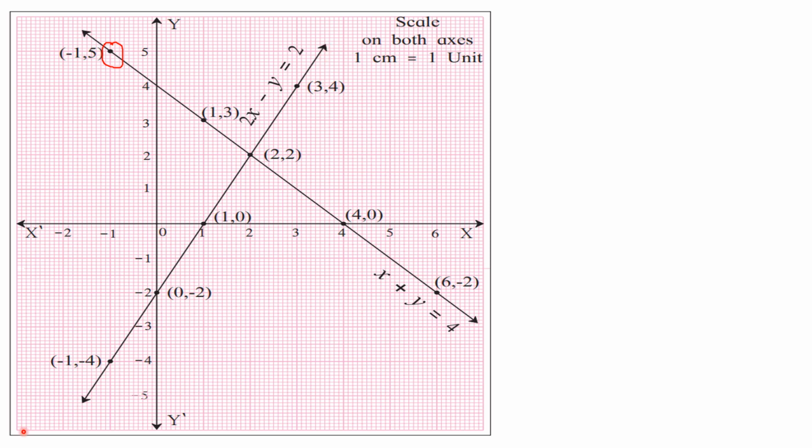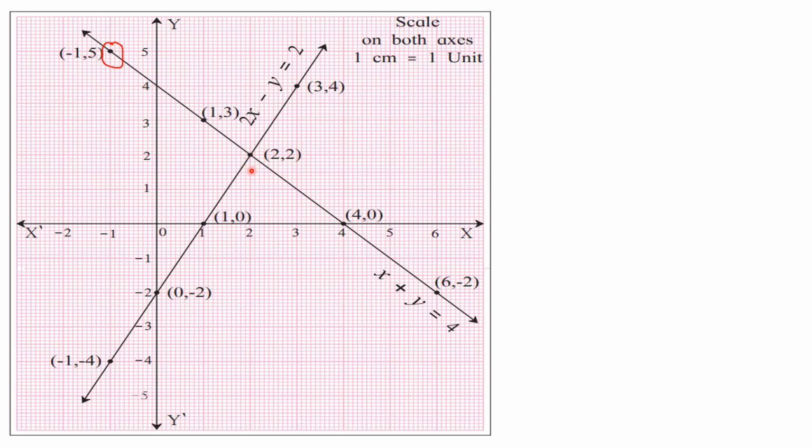Again draw the line. Now these two lines, that is x plus y is equal to 4 and 2x minus y is equal to 2, the equations are written to make us understand that this line is for this equation and the second line is for second equation. Now what we can understand here is these two lines intersect in this point, that is 2 comma 2.